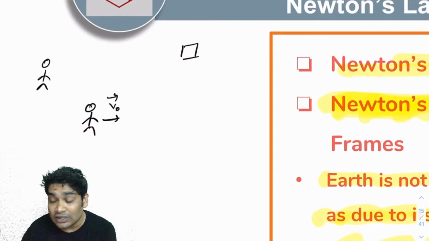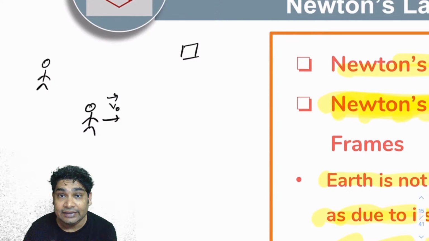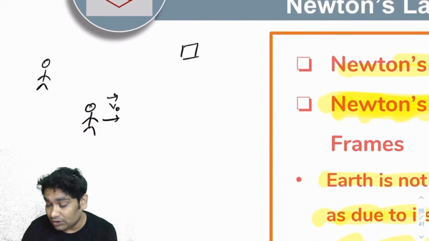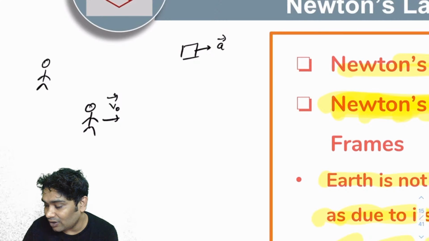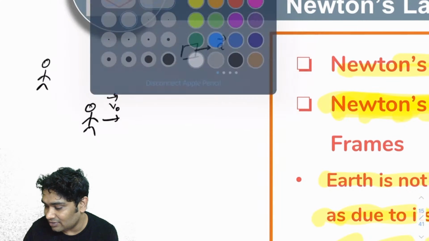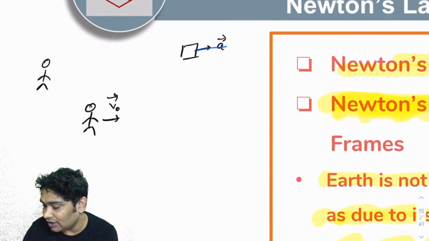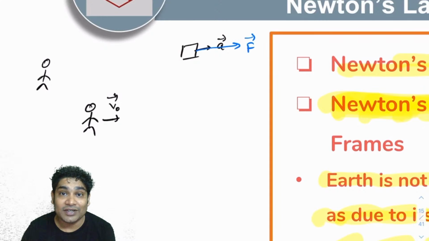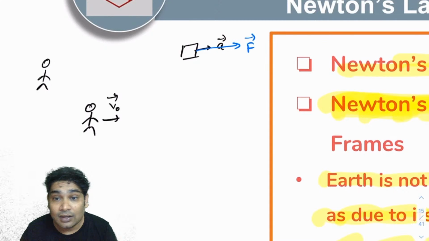For both, the F equals ma equation would look exactly the same. Even if this body has some acceleration A, it has some force acting on it, which is F. So if it has an F vector acting on it, due to which it gets an acceleration A.